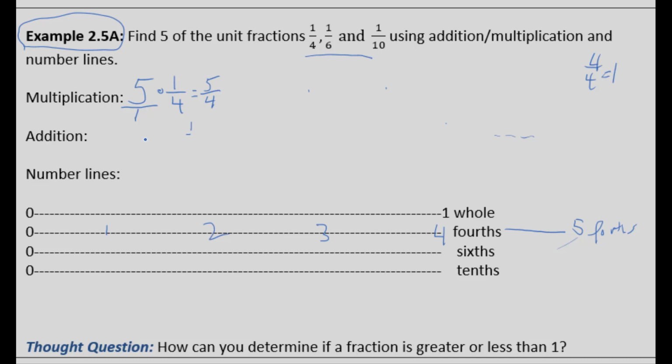So now let's do 1/6 and take 5 of them. So that's 1/6 plus 1/6 plus 1/6 plus 1/6 plus 1/6, and I'm going to get 5/6. If I use multiplication, I would go 5 times 1/6. You can do this if you want.